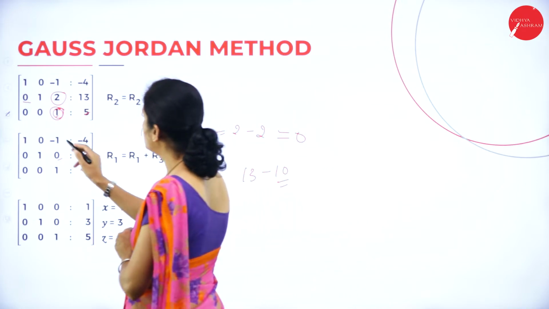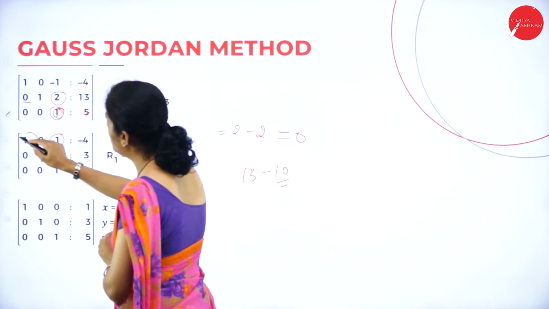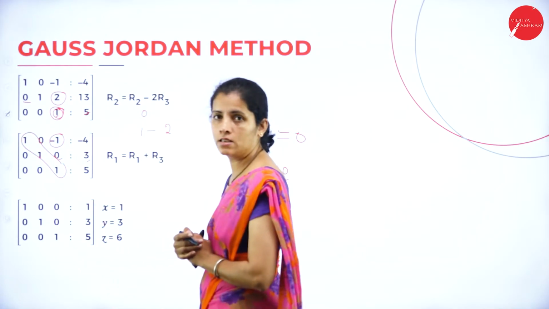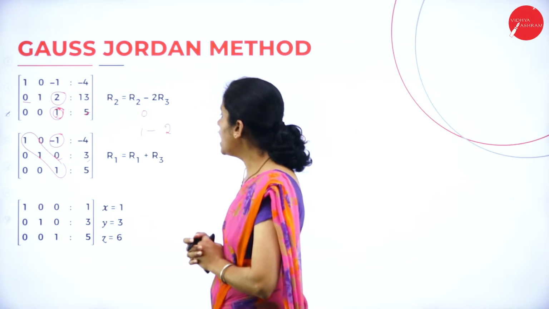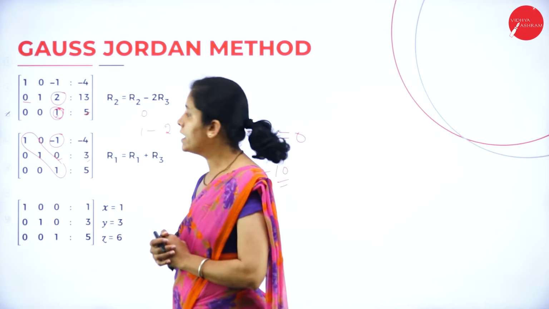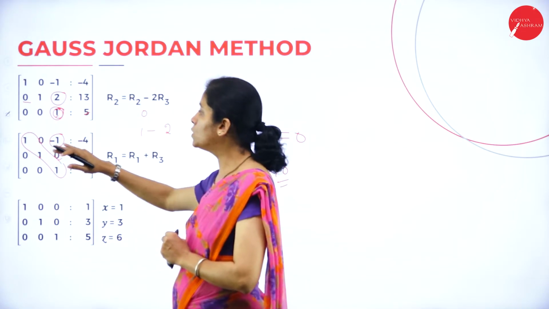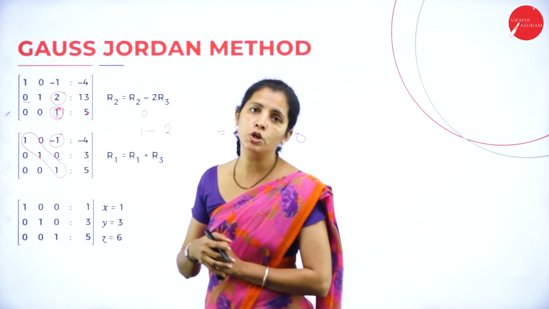Now I just want to make this element 0. And if I consider this one, all are identity matrix. So I have 1 in all the places. Now to make this element 0, suppose if I consider R2, what's going to happen? The R2 row value is going to change.